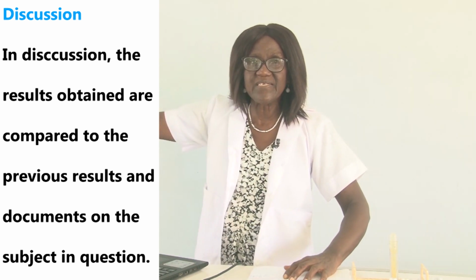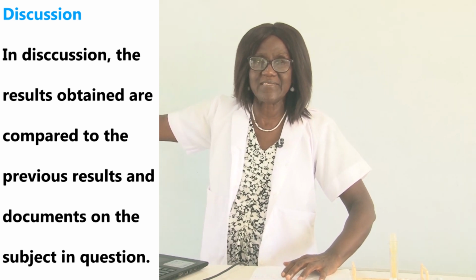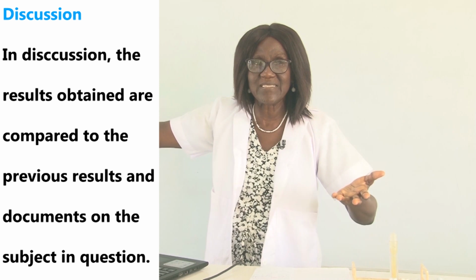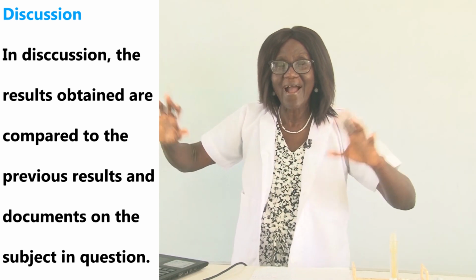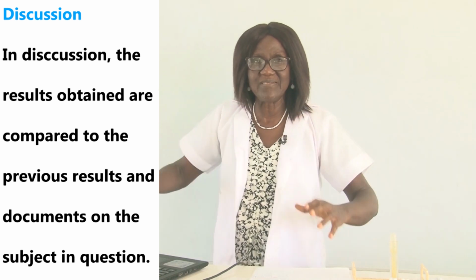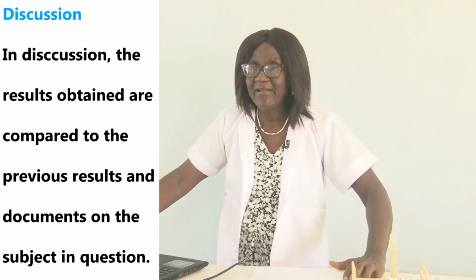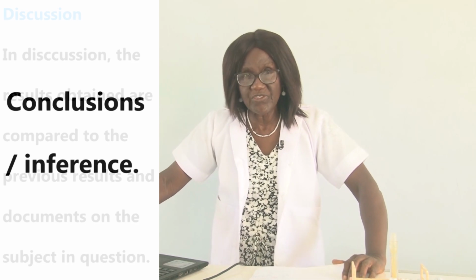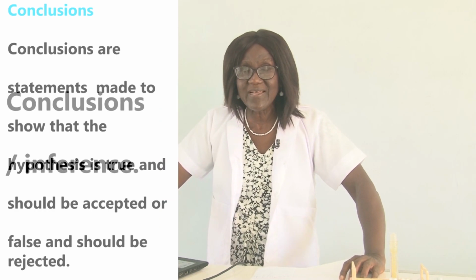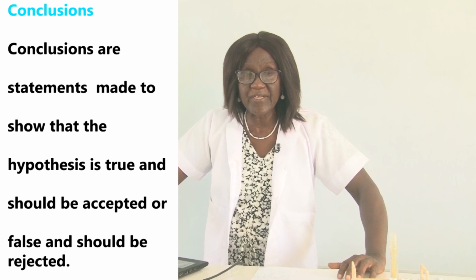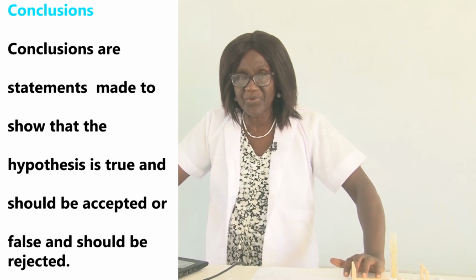Oh, other people did the same experiment and saw that all boys in class 6, where your experiment was done, have this kind of height. The maximum, the highest is boys between this. So in discussion, you compare your results with other results. Then you have conclusions. In the conclusion or inference, you state whether the hypothesis is true and should be accepted, or the hypothesis you made is false and should be rejected.